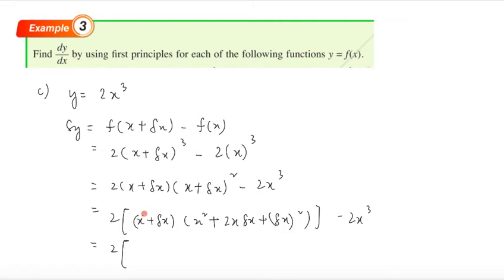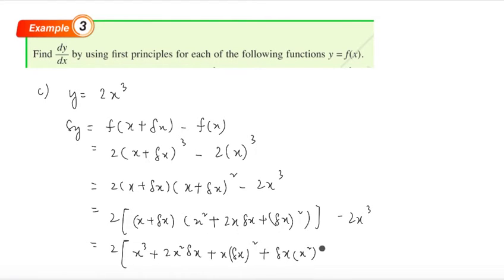Okay, so now first to first, first to second, first to third, second to first, second to second, second to third. Quite long. Then I will do. First principle is so long. So first to first, x cubed. First to second, plus 2x squared delta x. First to third, plus x times delta x, whole thing squared. Second to first, plus delta x times x squared.